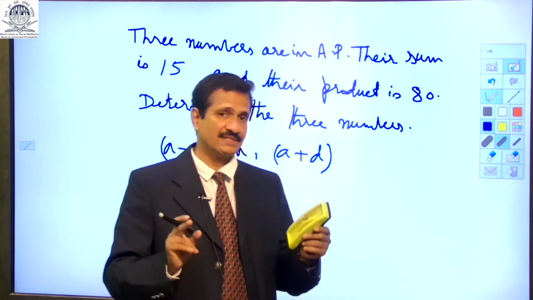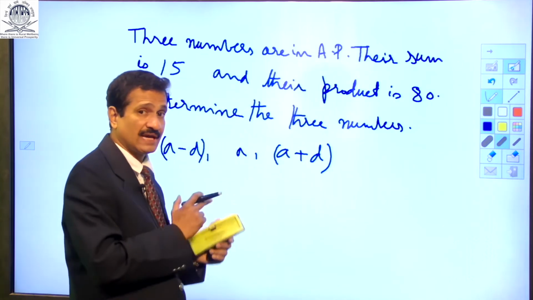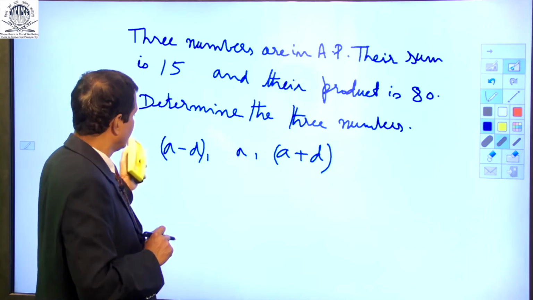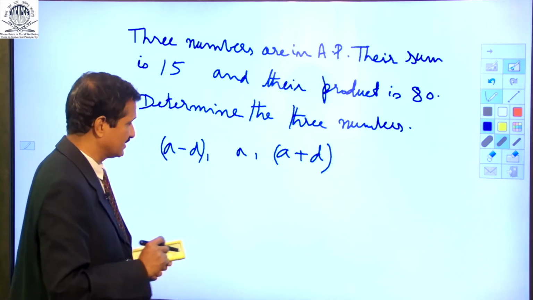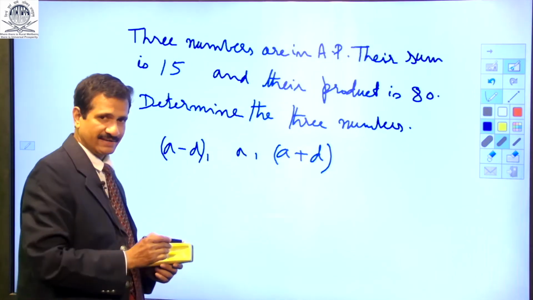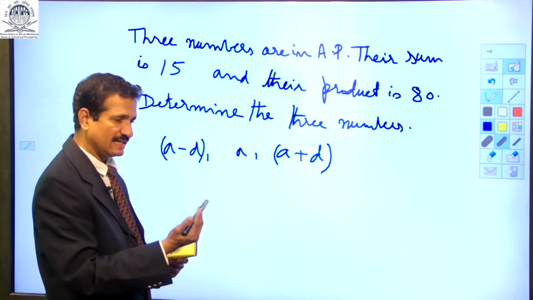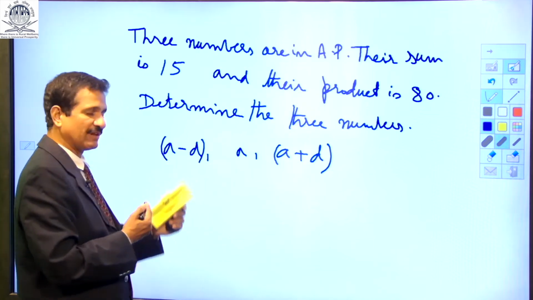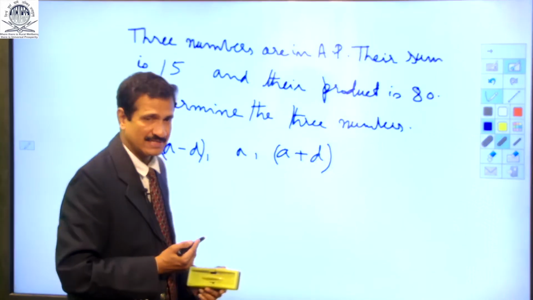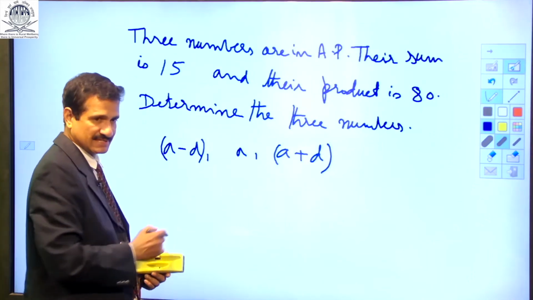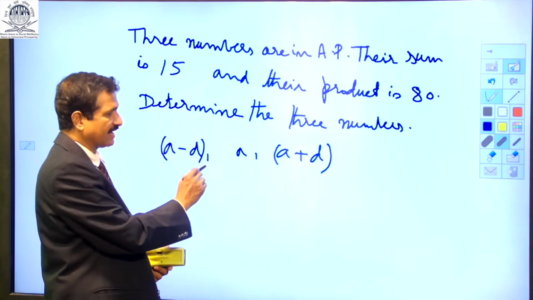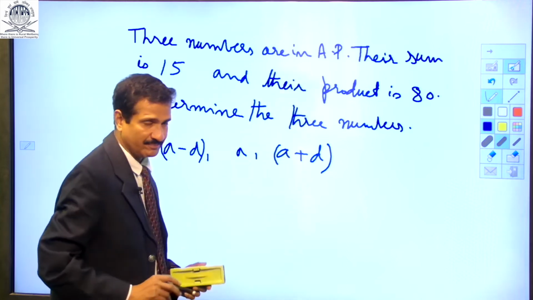We have to choose these 3 numbers in such a way that the middle term is A. If the common difference is D, the number preceding it will be A minus D. The number that follows will be A plus D. So, let the 3 numbers be A minus D, A and A plus D.